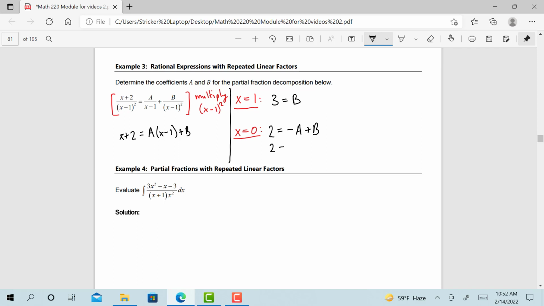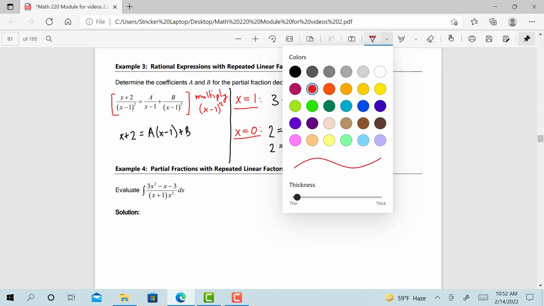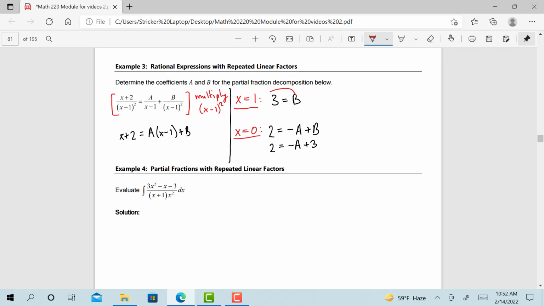So we have 2 equals negative A plus 3. We just figured out what B was equal to right here. So then we now know that A is equal to 1.